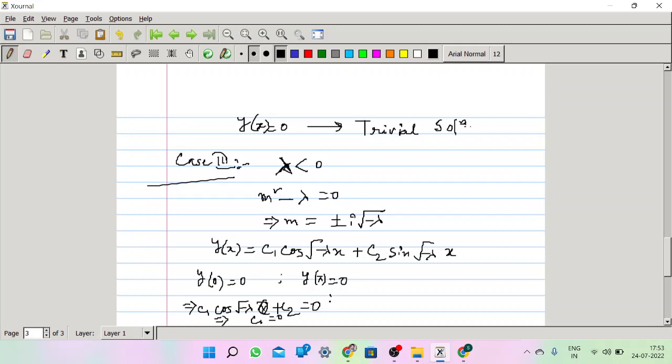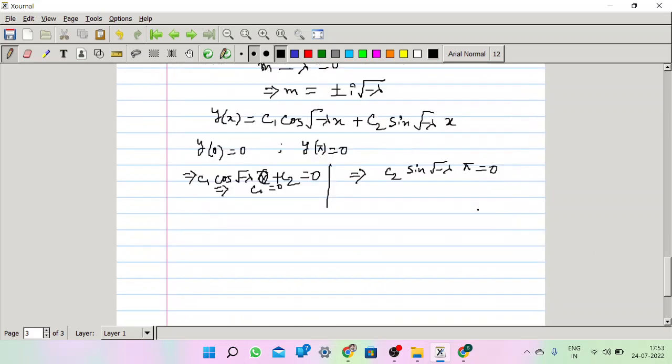and y of pi equal to 0 implies c2 sin root over minus lambda pi is 0. Now two cases will arise, because either c2 equal to 0 or sin root over minus lambda pi equal to 0.